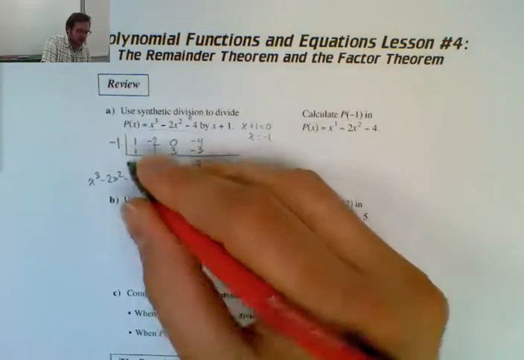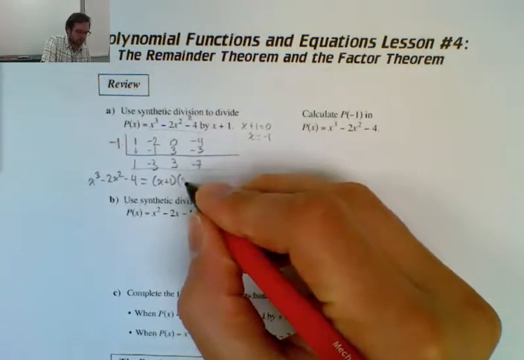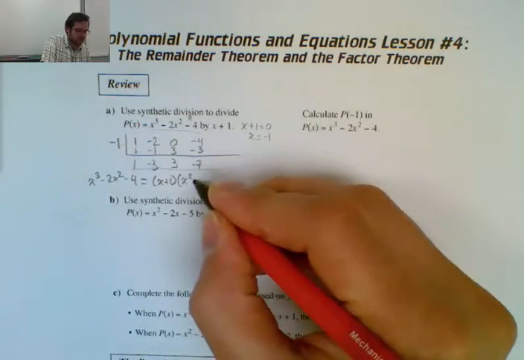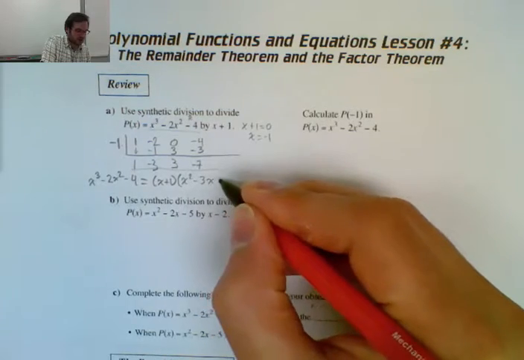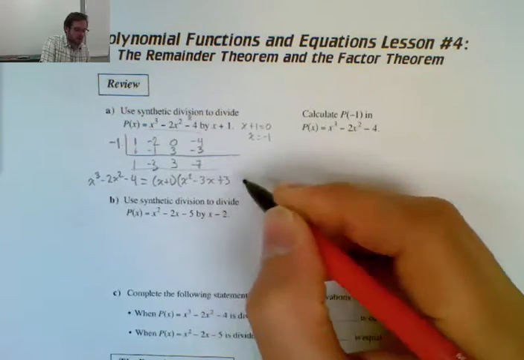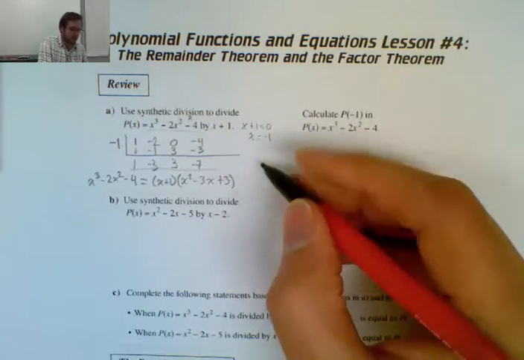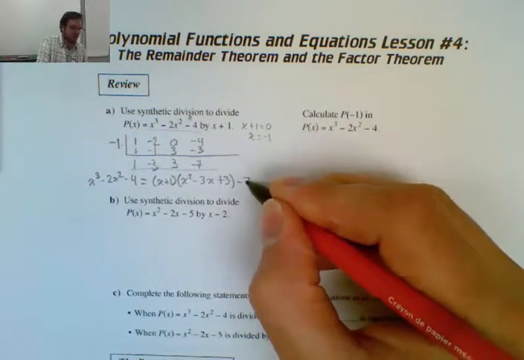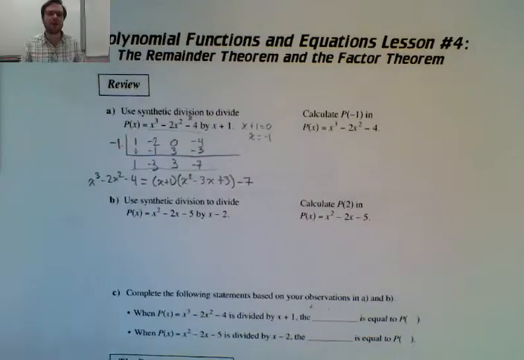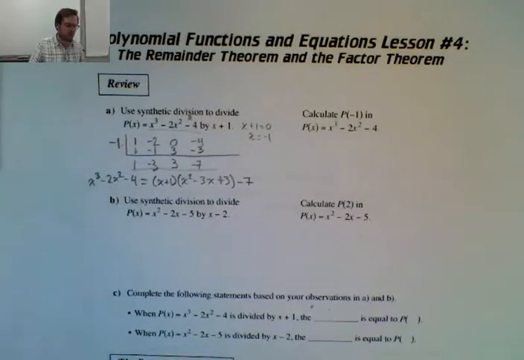So we are going to have 1x squared minus 3x plus 3, and that is all right here. Then we have to subtract my remainder, which is negative 7.